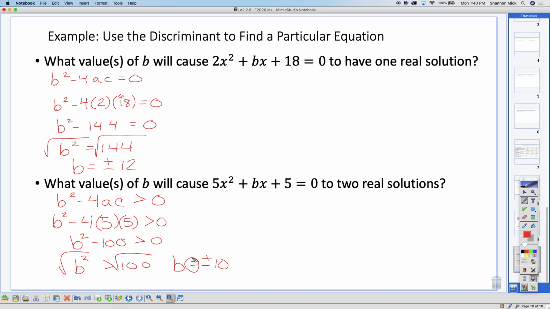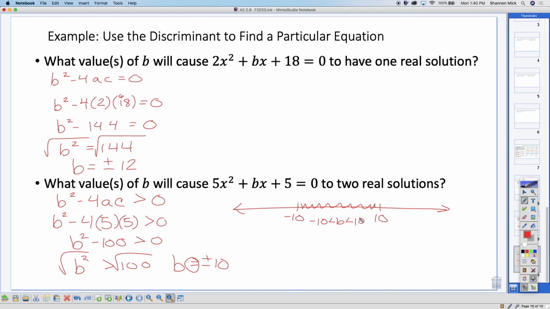No. We need to think about this in terms of a number line. Okay? So we have negative 10 and we have 10. So possible solution sets, it could be in between here, which would be negative 10 is less than b, which is less than 10, correct?